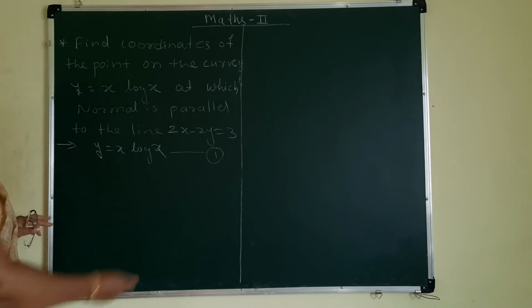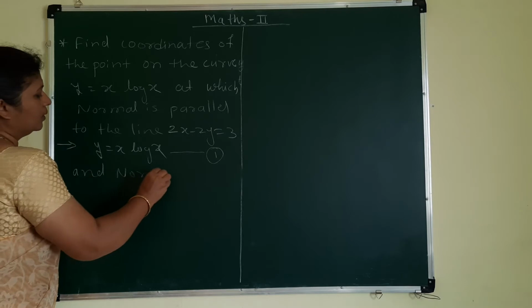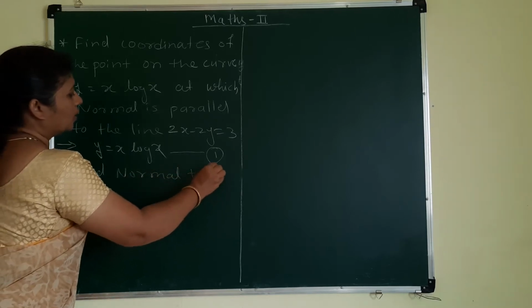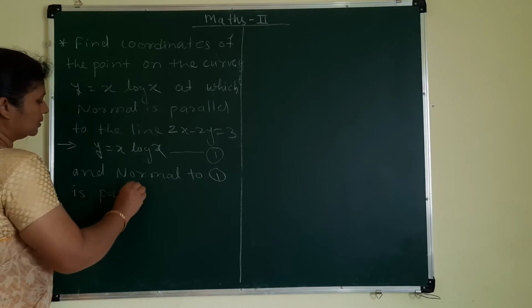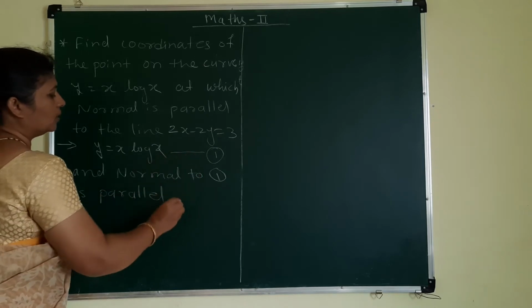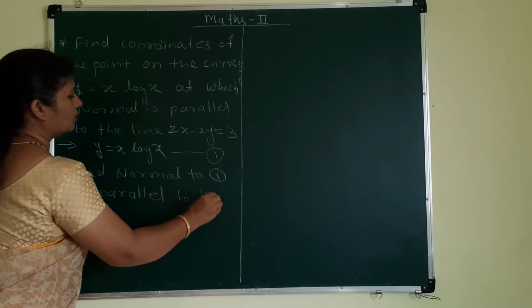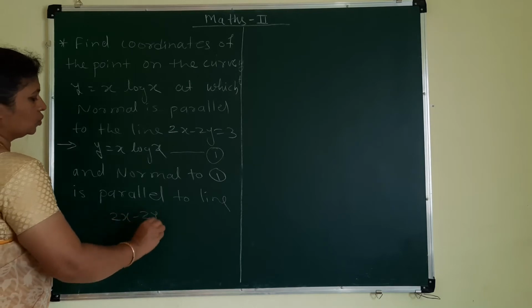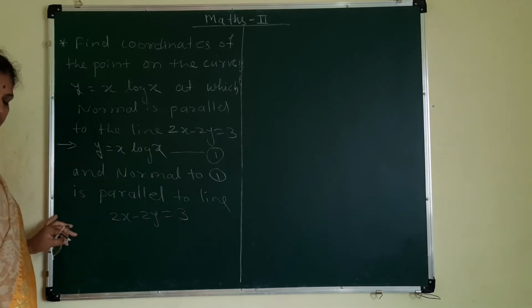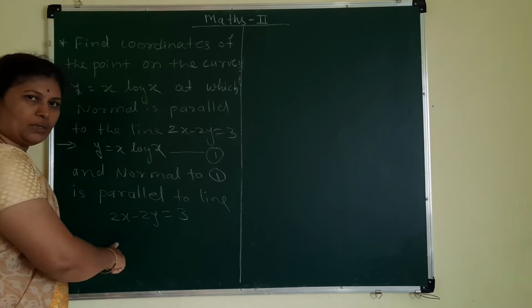Okay, and normal to the curve 1 is parallel to the line given by this equation 2x minus 2y is equal to 3. So using this line we will find the slope of the normal.